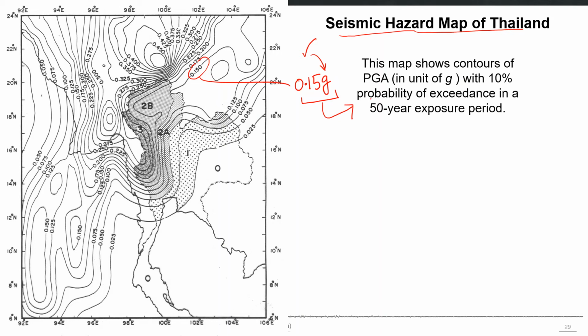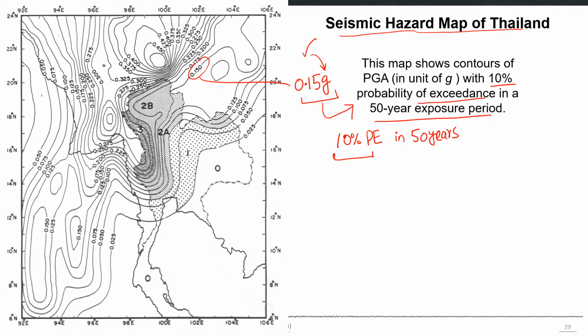The definition of the seismic hazard in this map is 10% probability of exceedance in 50 years exposure period. So the probability of having an earthquake which will cause an acceleration more than 0.15 G in the next 50 years is 10%.